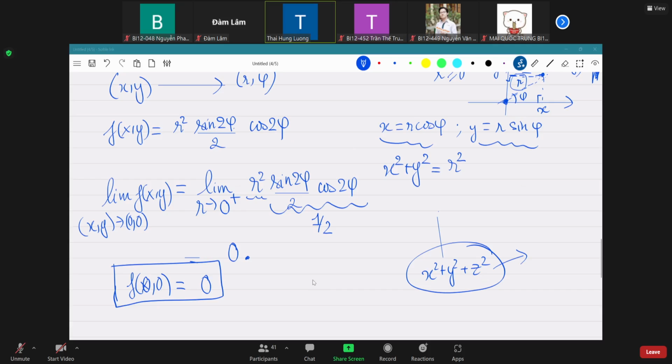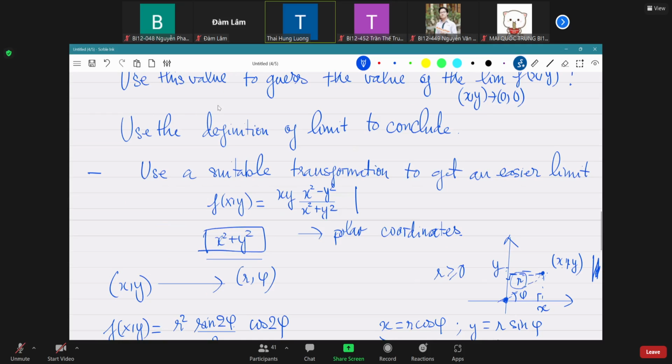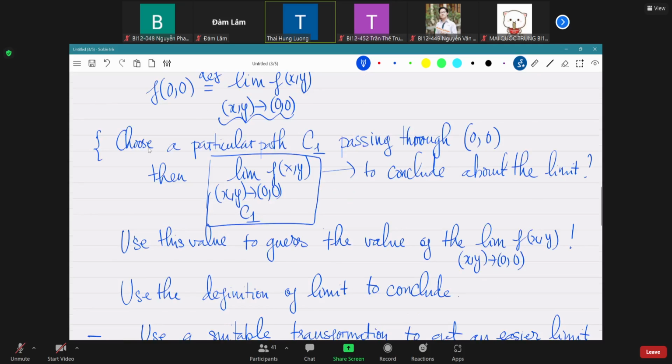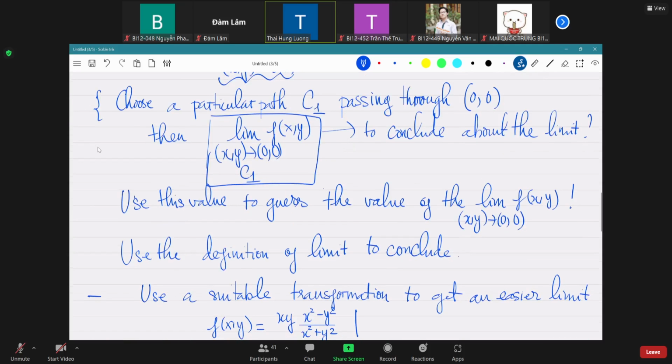Sure, we can still use the path method to solve this problem, which I already mentioned before. There is a question about using the path method to find the limit.